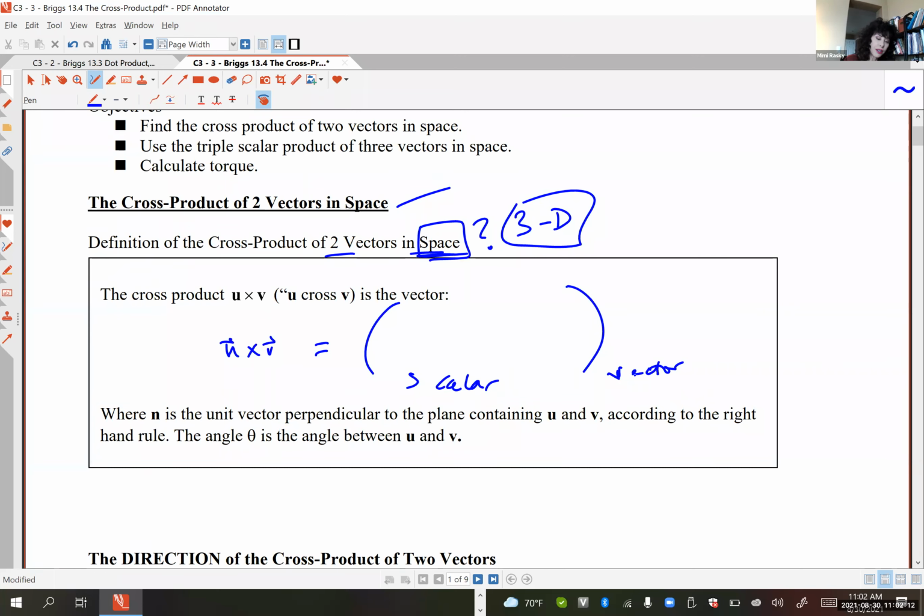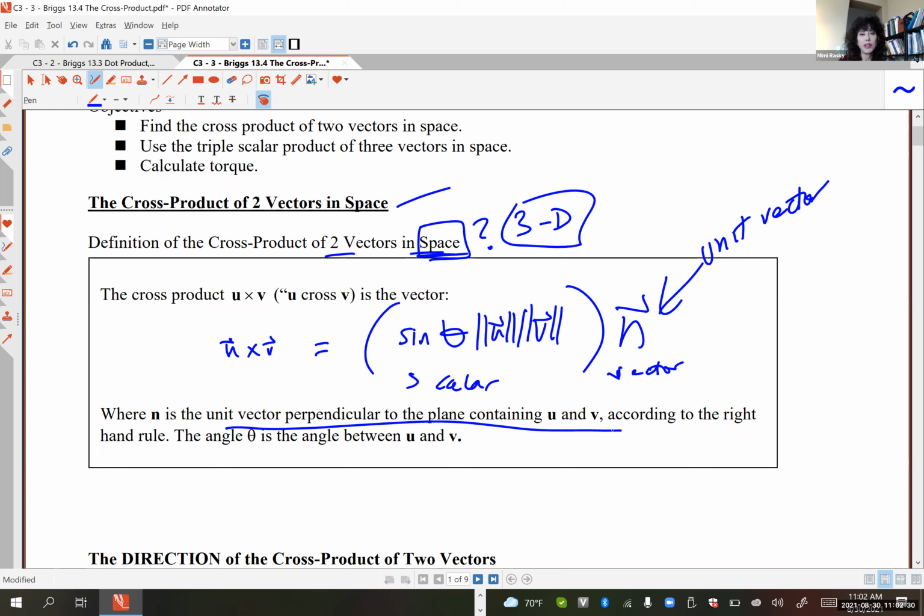Now the scalar is going to be sine of the angle between the two vectors multiplied with the product of the magnitudes times some other vector here, and this happens to be a unit vector. And the unit vector is perpendicular to the plane containing both u and v, according to a right-hand rule.